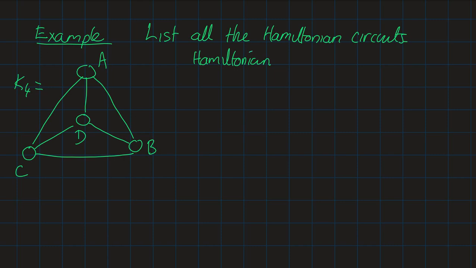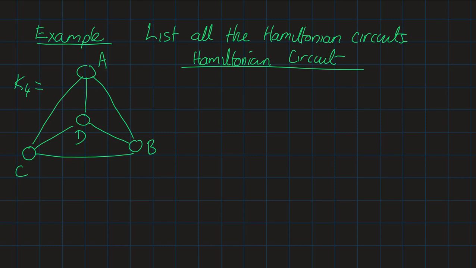Well, more of a list. I'm just going to list them all. Okay? And because by the very definition of a Hamiltonian circuit, you visit every vertex once and you return back to where you start, it doesn't actually matter which vertex you start and finish at. So just for consistency, I'll probably always choose to start at the vertex A, just because A is the first letter in the alphabet, but that's not necessarily what you need to do.